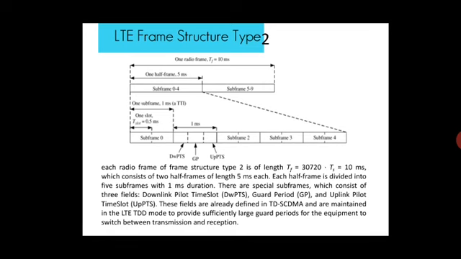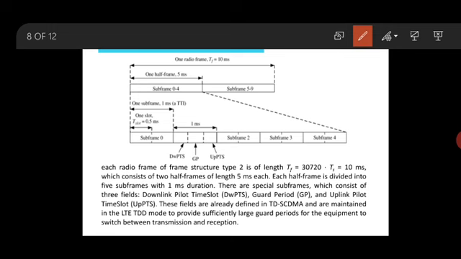Now if you look here at the bottom, each special subframe is divided further and consists of three fields: downlink pilot time slot, DwPTS, we'll see what the operations of that are, the guard period, GP, and the uplink pilot time slot, UpPTS. These fields are already defined for TD-SCDMA and are maintained in the LTE TDD operations.